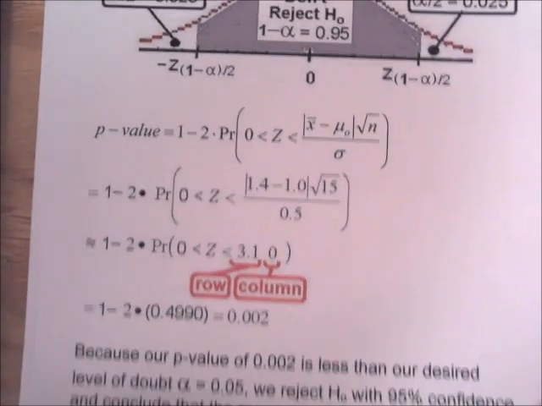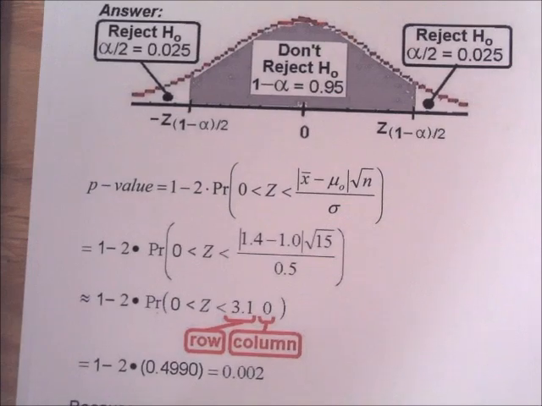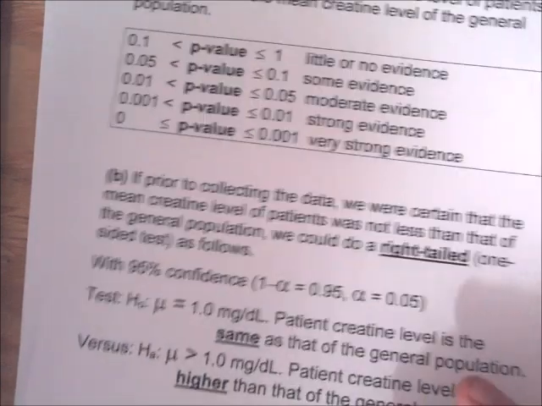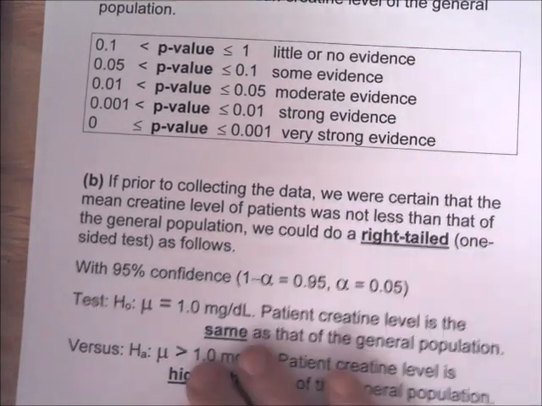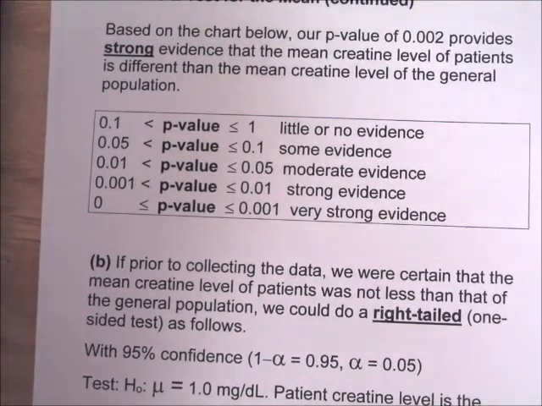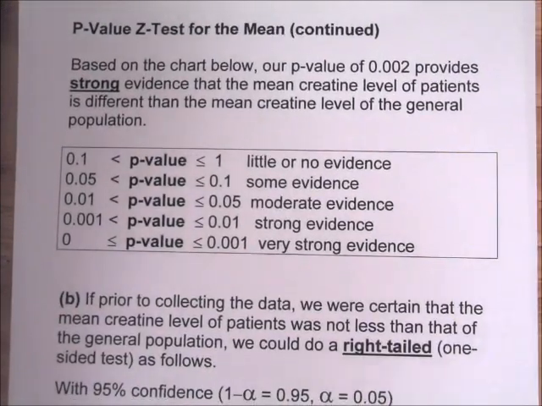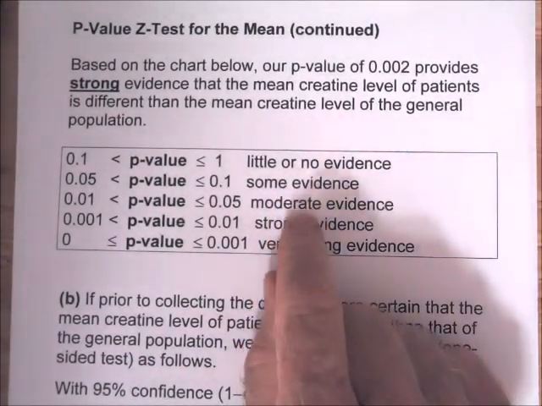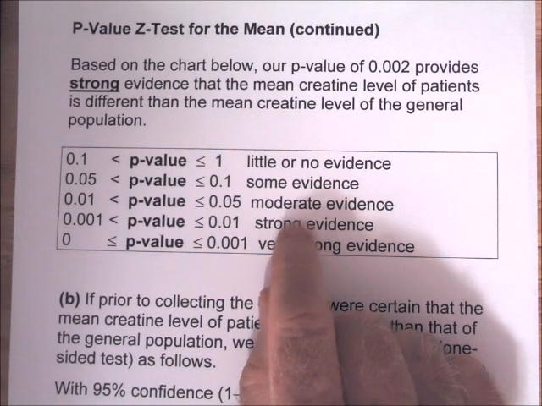Oftentimes researchers don't even establish alpha. They simply report a p-value and leave it up to the reader to interpret it. We can use this chart here to interpret the p-value.